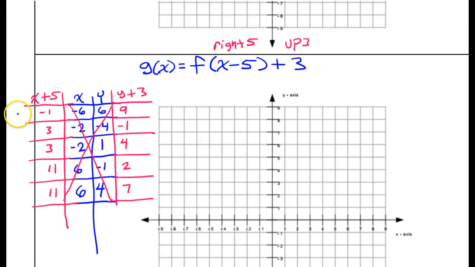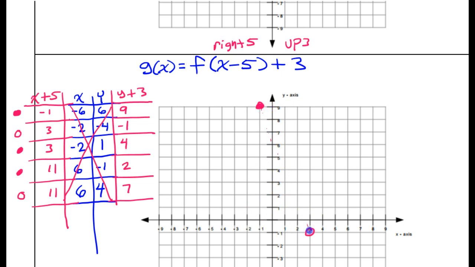So this will be closed, open, closed, closed, open. So my first key point is negative 1 comma 9. So that's going to be right here, and it is a closed circle. The other end of that segment is at 3 comma negative 1. So 3 comma negative 1, open circle. So we'll just connect these up.